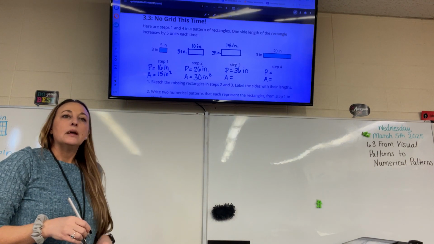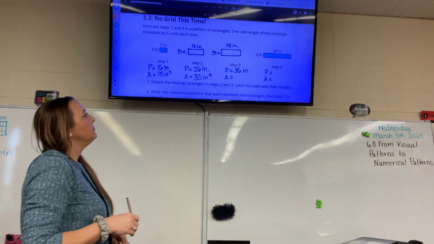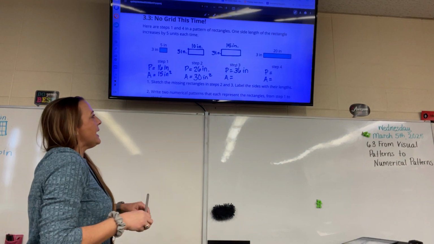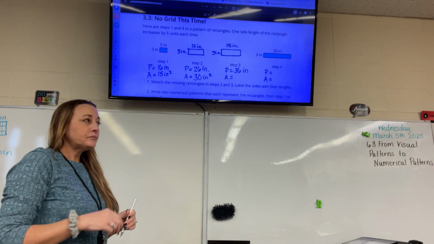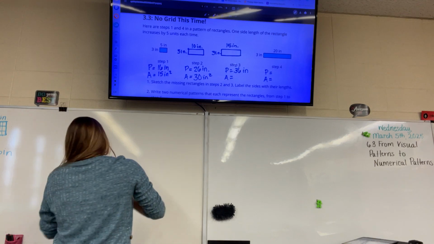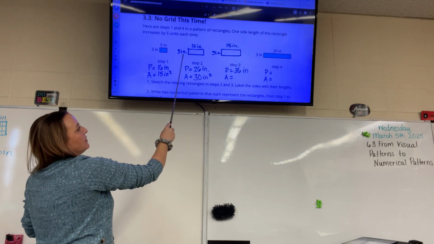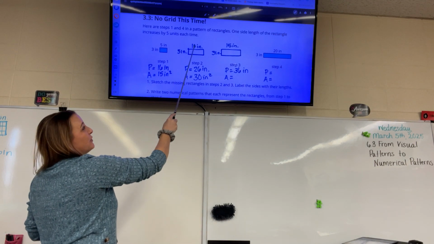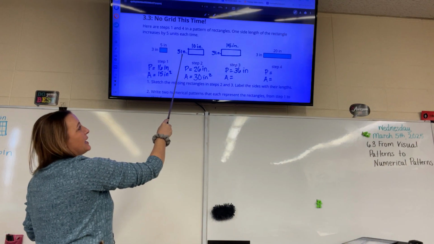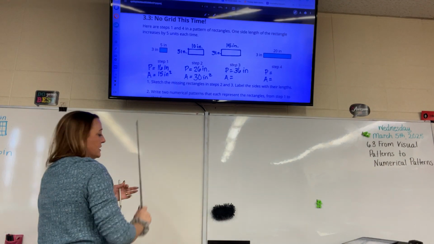I have a question. Okay. What does the little 2 mean? It means squared, because we're not just multiplying the 3 and the 10, we're multiplying inches times inches.